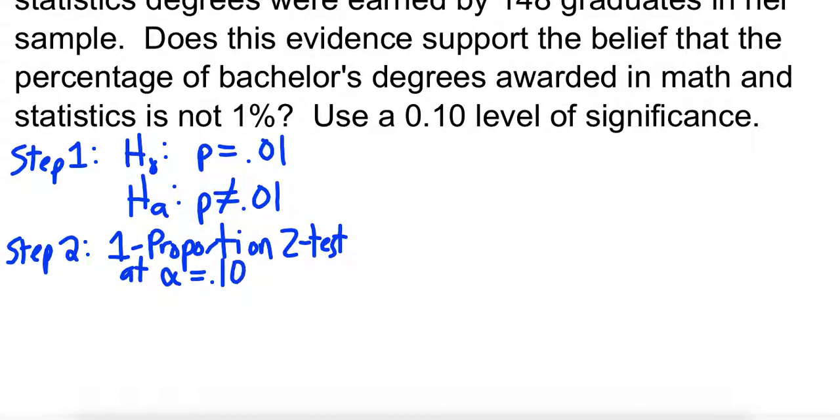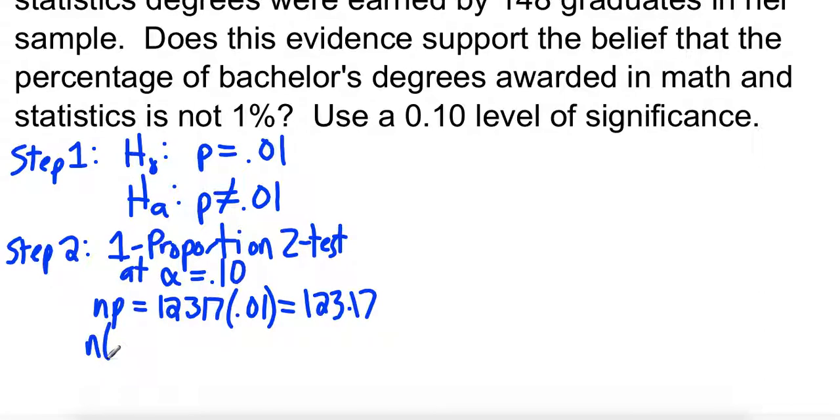So we just need to know if her sample size is big enough. So we need to look at np, and she has a lot of people that she asked. 12,317 times 0.01, which is going to be 123.17. And then n times 1 minus p is going to be 12,317 times 1 minus 0.01.